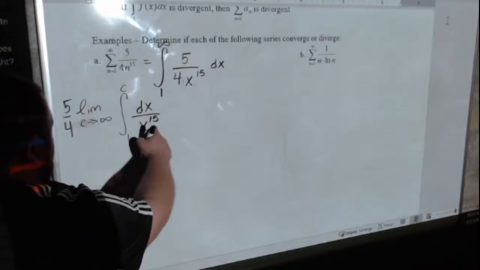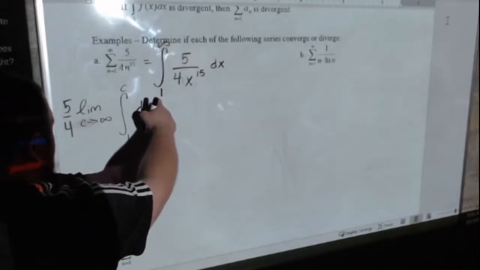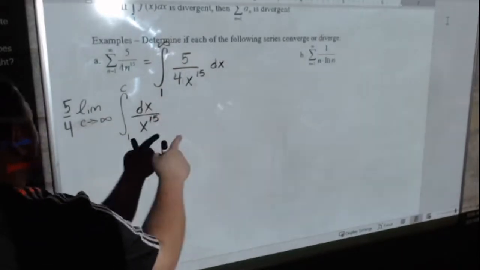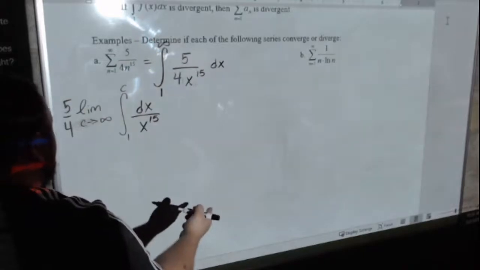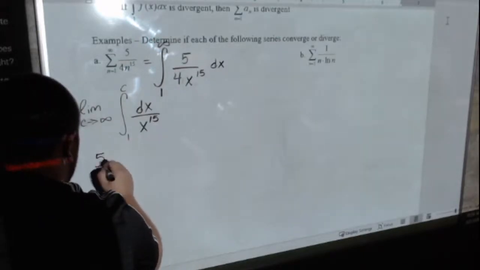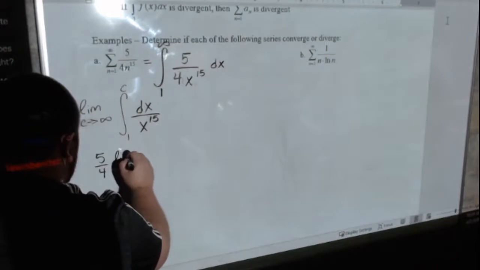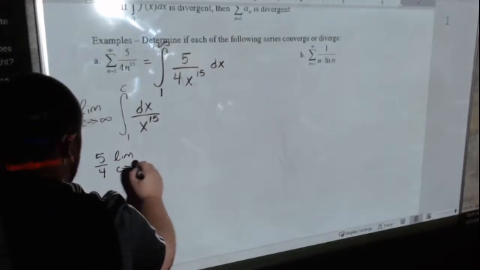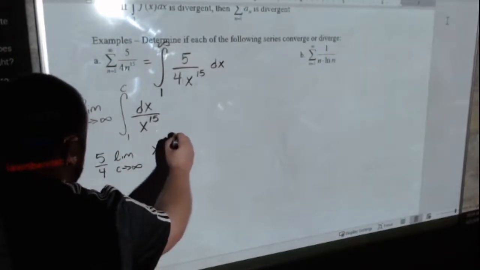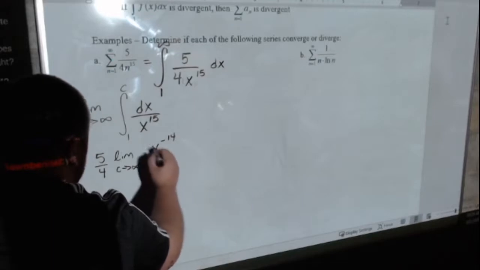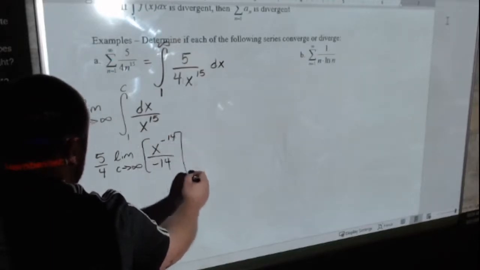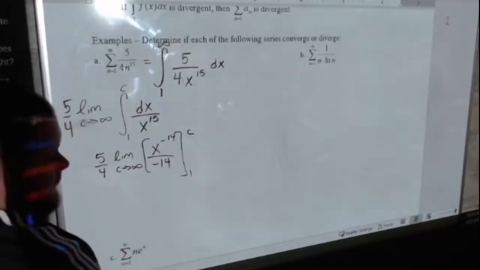So this is really x to the negative 15 in the numerator. I'd add 1 to that power and divide by the number. So that would be x to the minus 14 over minus 14, evaluated from 1 to c.